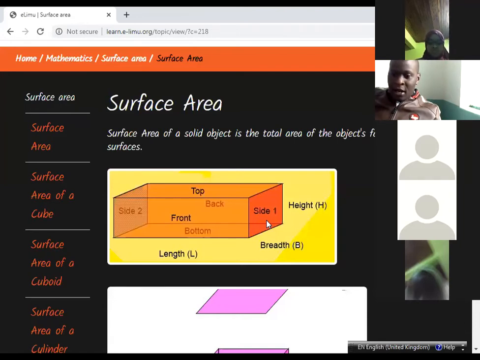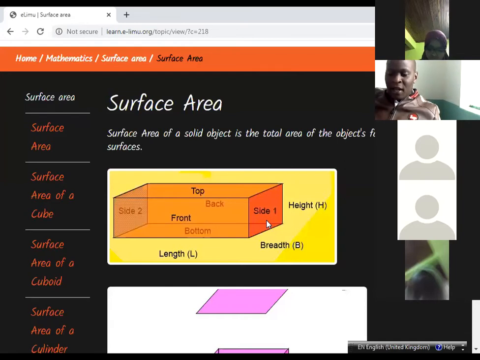It is a rectangle. What is the length of that rectangle? Side 1 on our figure. The length of that smaller rectangle will be 5 centimeters, and then the height will be 10 centimeters.